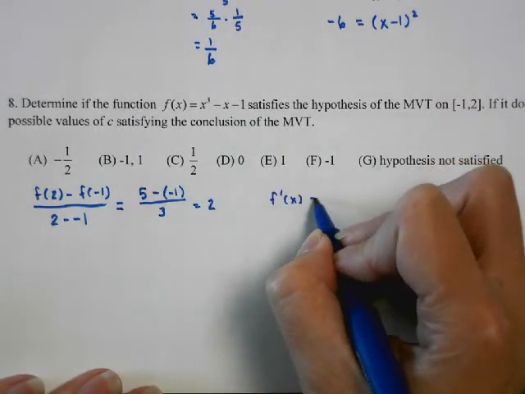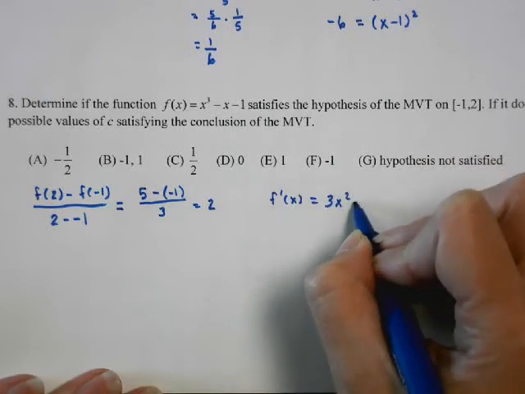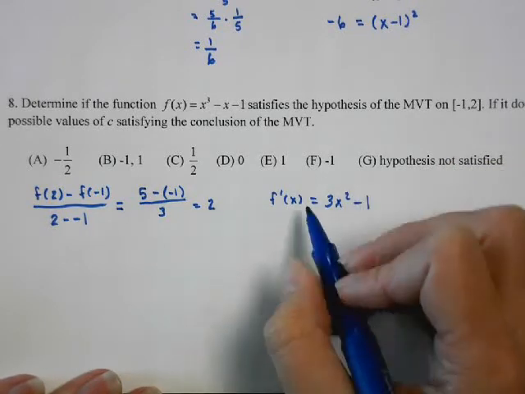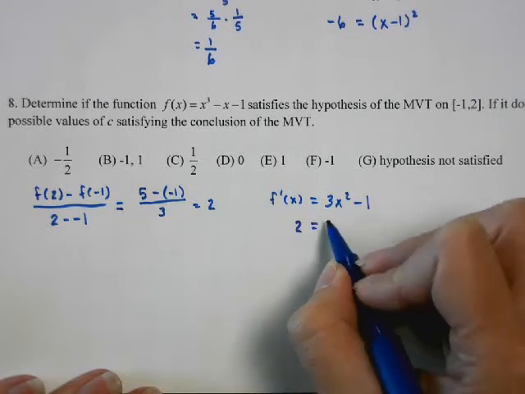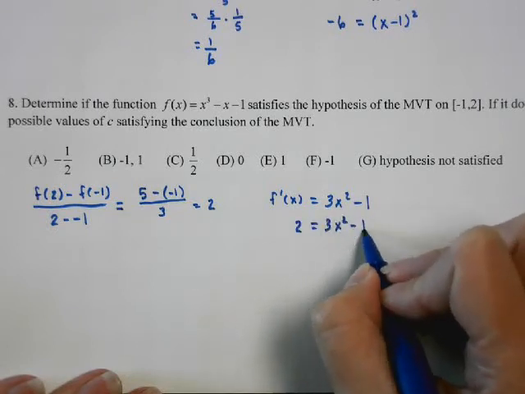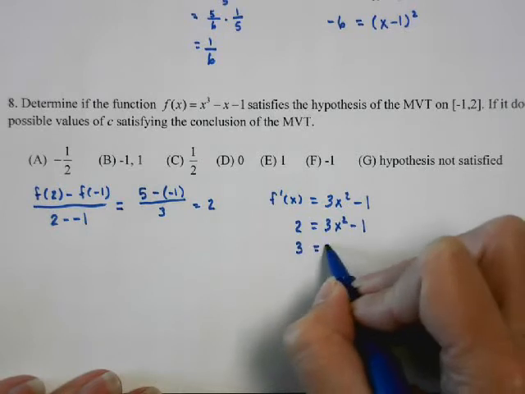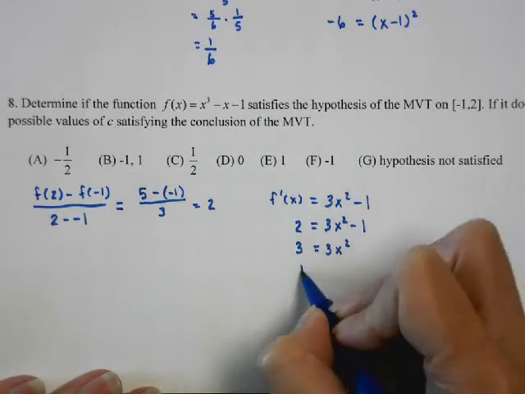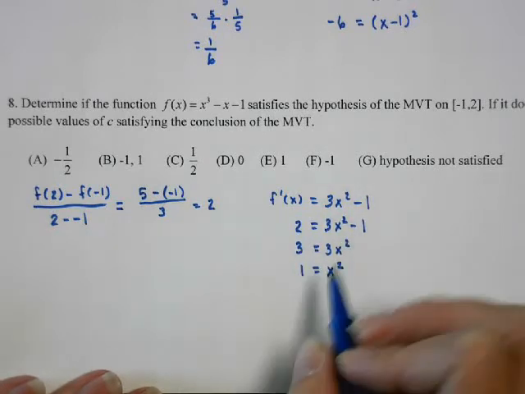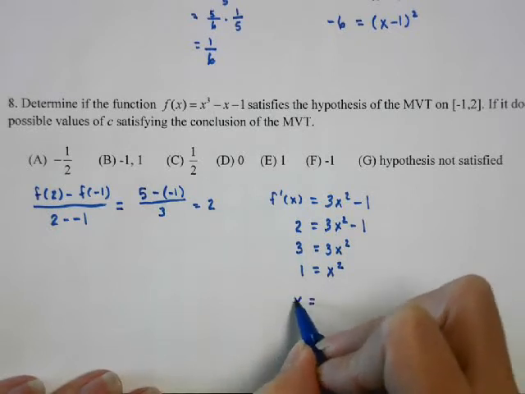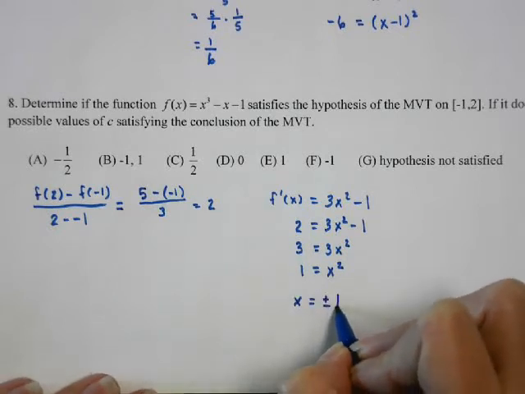So we're going to take the derivative, set that equal to 2. So we'll add 1. So x is going to equal plus or minus 1.